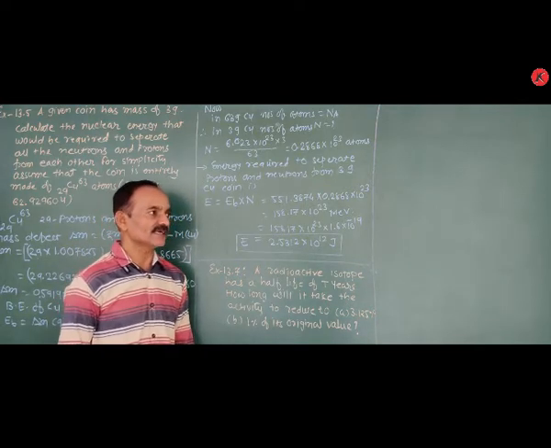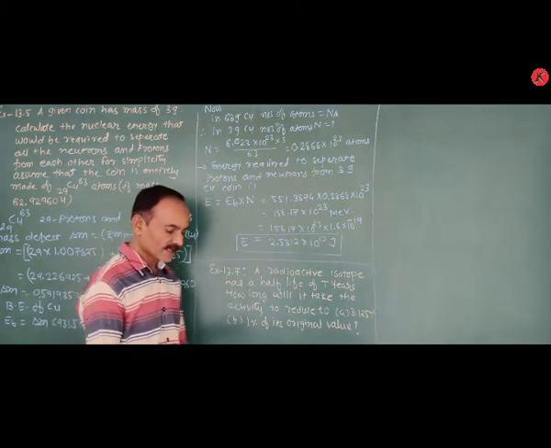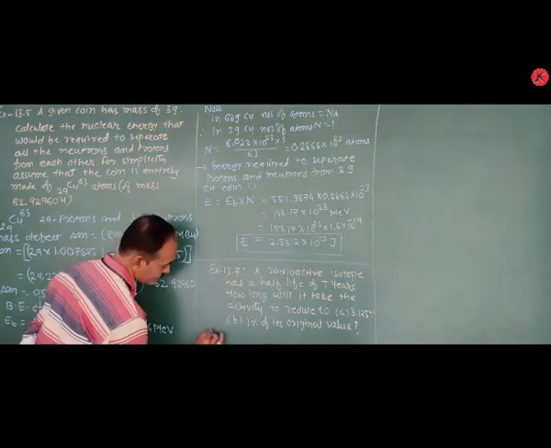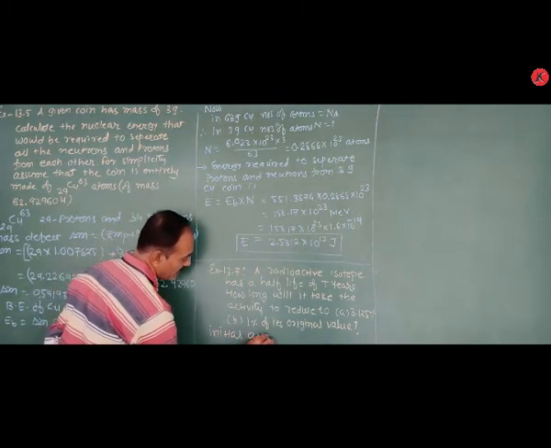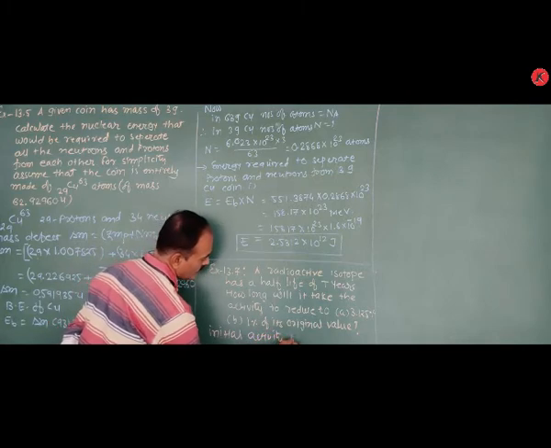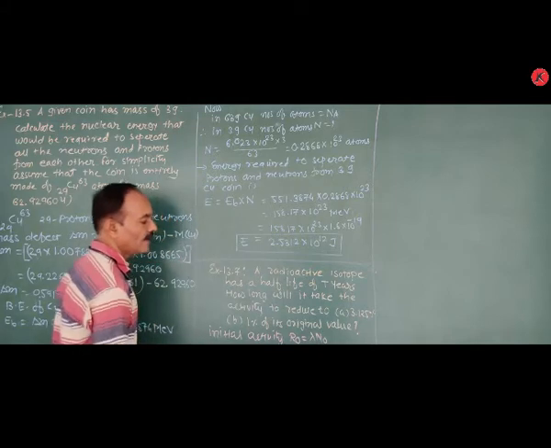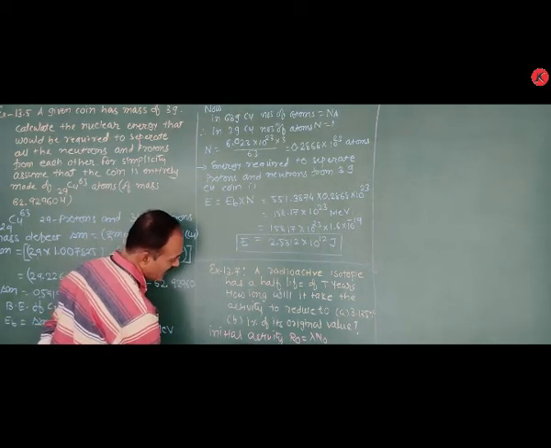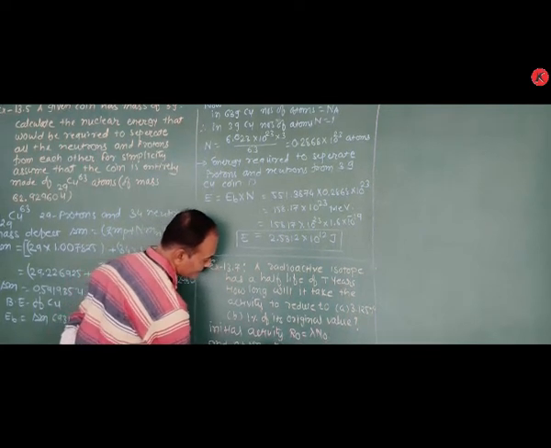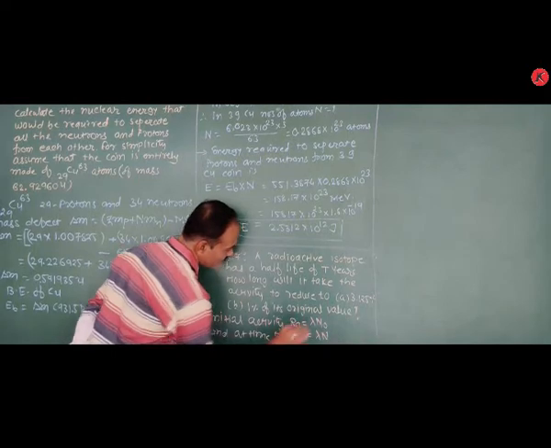So we know the equation of initial activity and activity at time t. Initial activity R0 is equal to lambda n0, and at time t, R is equal to lambda n.